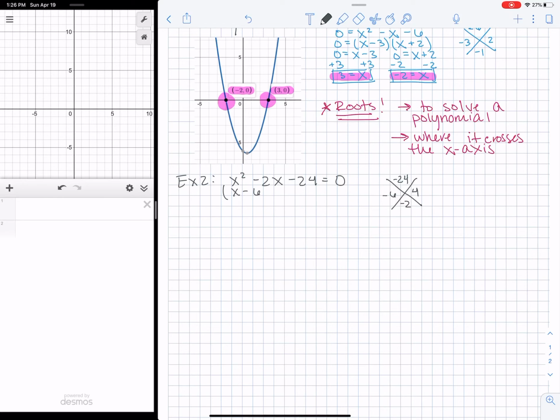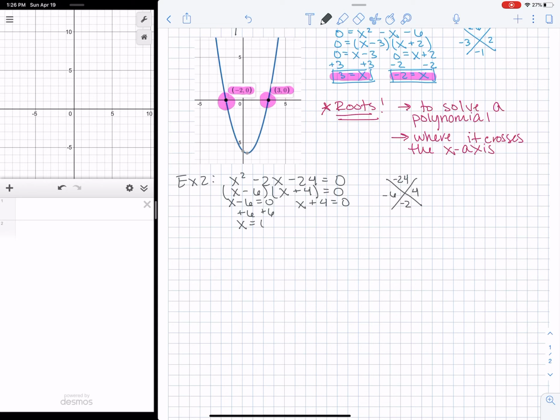So this is those super cool ones where I get to just plug in those numbers that I found. So x minus 6 times x plus 4. Using the zero product property rule, I'm going to set them both equal to 0 and solve.